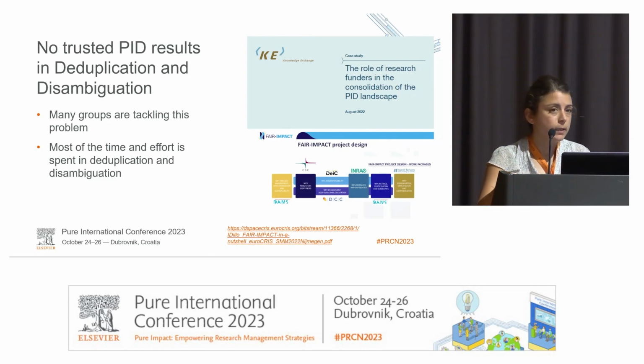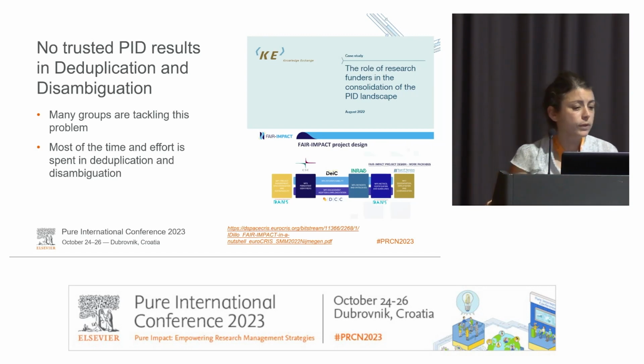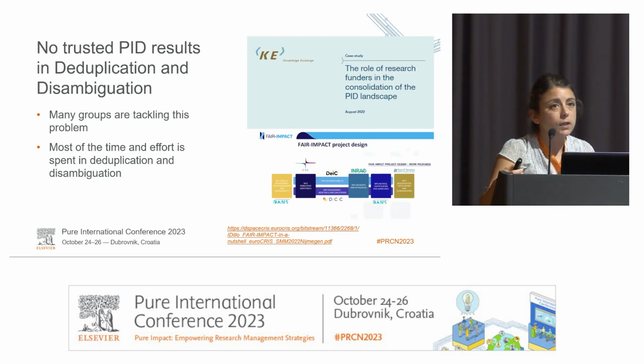There are many groups around that are trying to tackle this problem. And we see that most of the time and effort, even in institutions or research centers, is put into curating, so making sure that the data that is coming in and that represents the institution is correct.